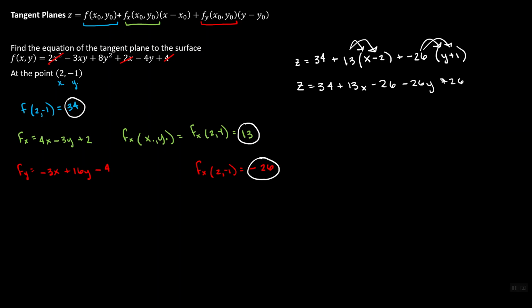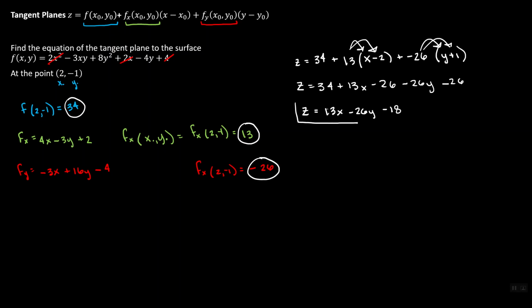Oops, that should be minus 26 at the end, not plus. We'll combine our like terms. For our final answer, z equals 13x minus 26y minus 18.